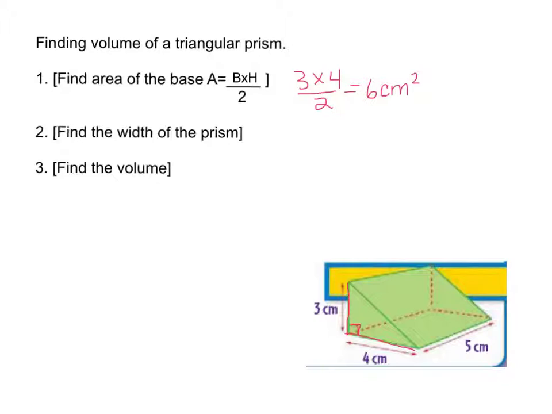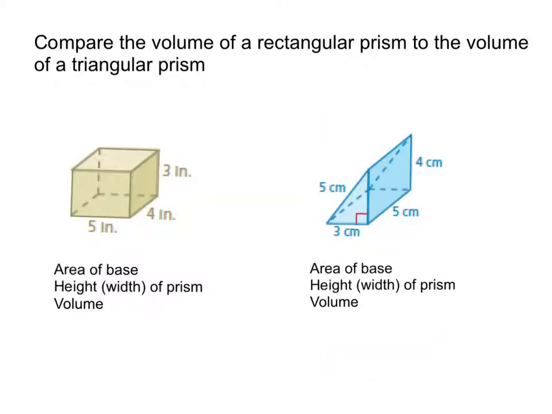Now we want the width of the prism, or that thickness, which is 5 centimeters. And then to find the volume, we're going to multiply the 6 centimeters squared by the 5 centimeters to give us 30 centimeters cubed.